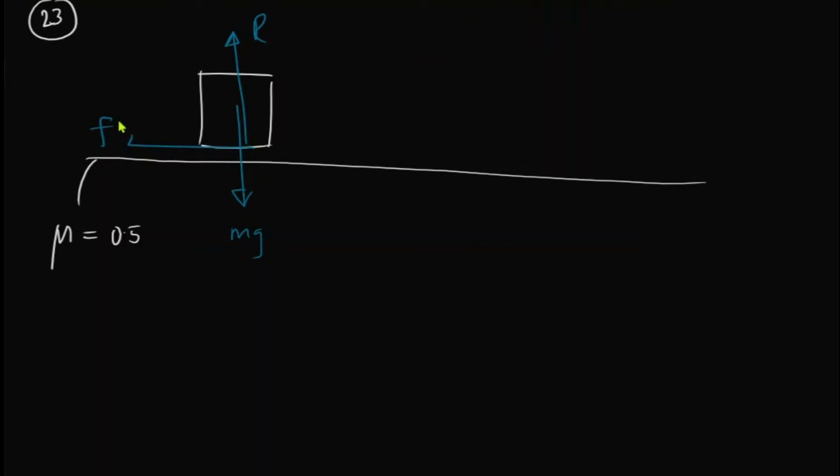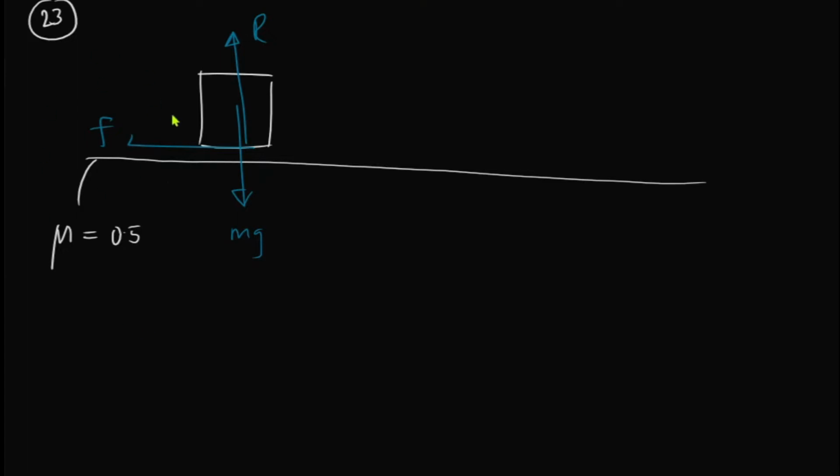Due to this frictional force only, heat is going to arise, because when you drag something on a rough floor, the object does work against this frictional force, and the energy is wasted in the form of heat.